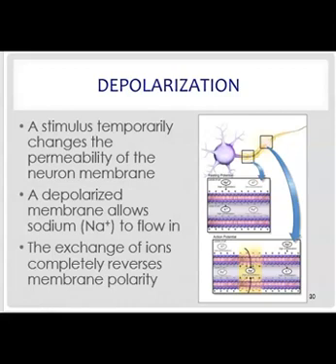Remember that it was more negative on the inside than on the outside. Now that we're letting all of these sodiums in, which were more positive than the potassium, we're going to end up having a membrane that becomes more positive on the inside than on the outside. So there's a swap in the polarity.